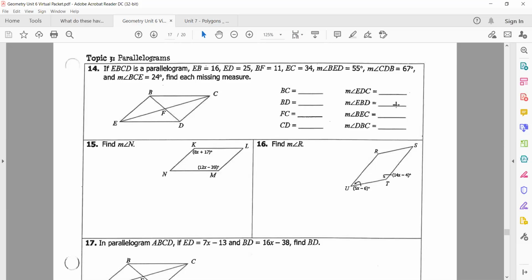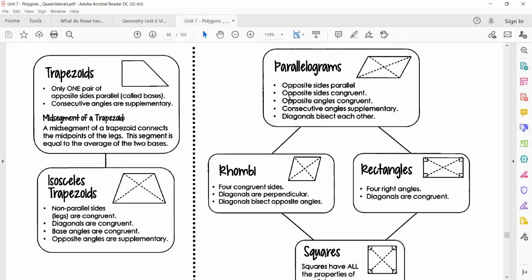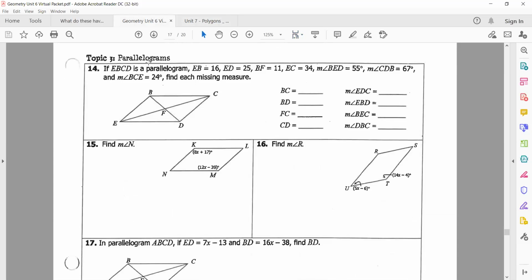So the angles part's a little bit different because not only do you have to remember these two pieces, opposite angles are congruent, consecutive angles are supplementary. Supplementary is 180, remember. But you also have to remember all of the stuff about parallel lines and transversals creating those alternate interior or perhaps even consecutive interior angles. Alternate interior angles are congruent.